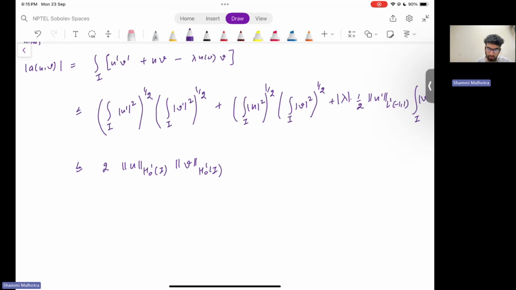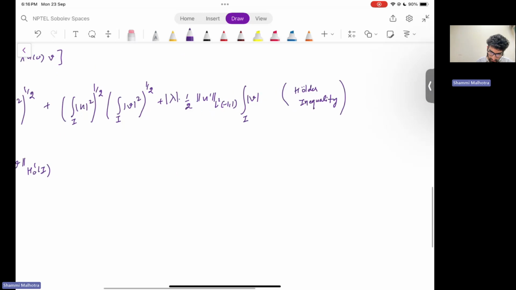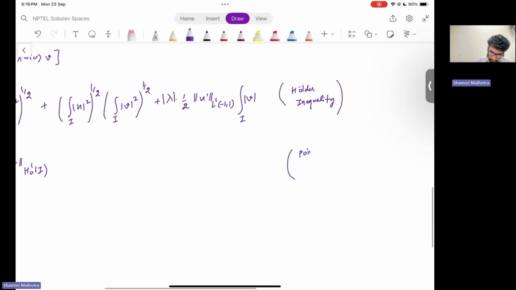The second thing we can also handle the same way, so there will be a Poincaré constant also there. Let's better write a constant here only. This is Poincaré plus Hölder.